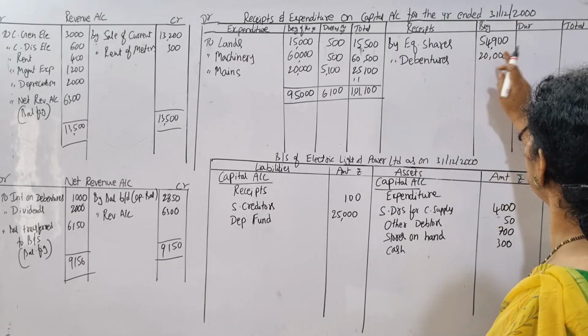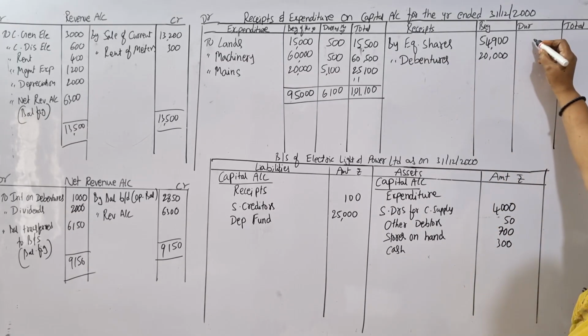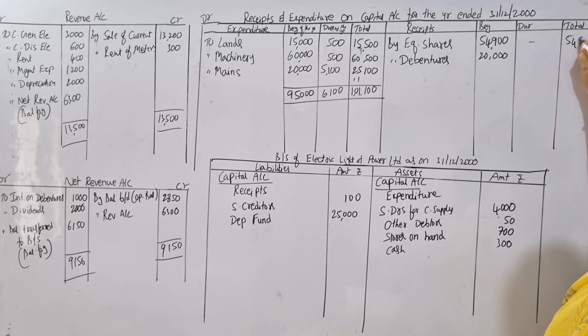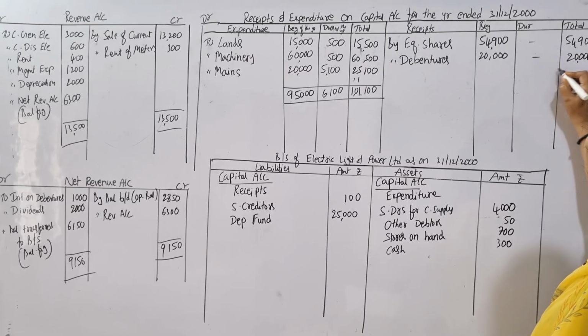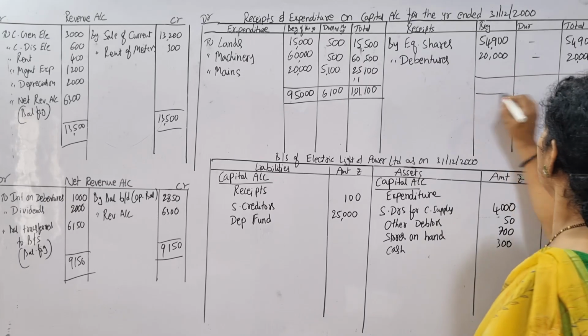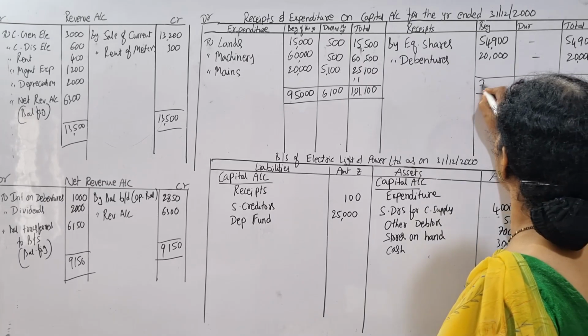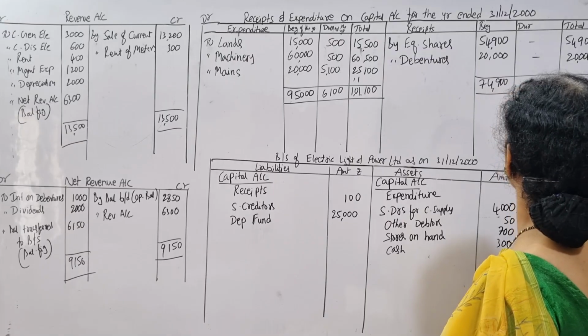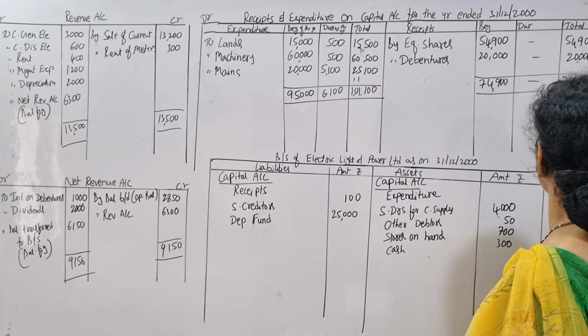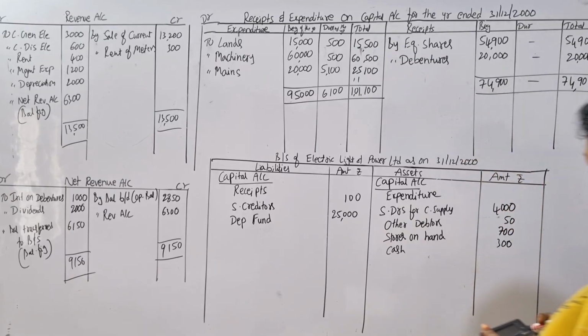Okay. Next here, during the year nothing is there. 54,900, and this is also the same, 20,000. We'll total this one also. This is nil. 74,900 and 74,900. Okay.